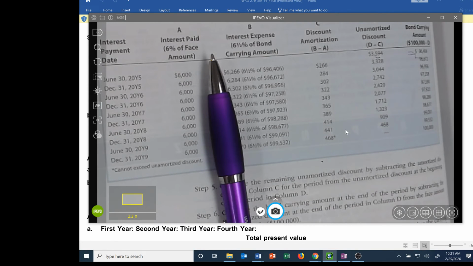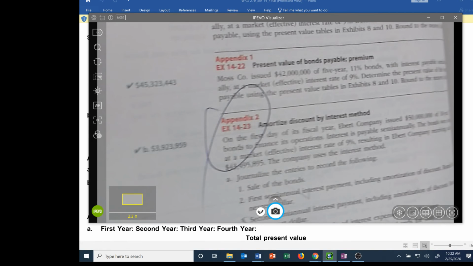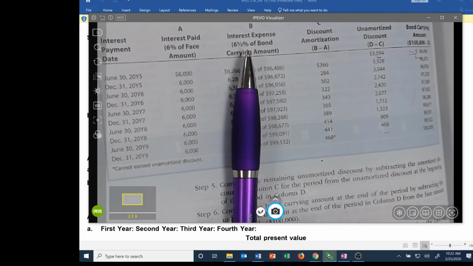Put 3.5% here. That's interest paid. We paid 3.5% semi-annual. I'll have to look and see if they're semi-annual, but yeah, they are. Now the market rate's 9%. So I want you to put the real interest expense is 4.5%. Half of 9%.